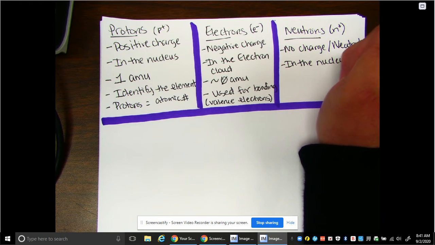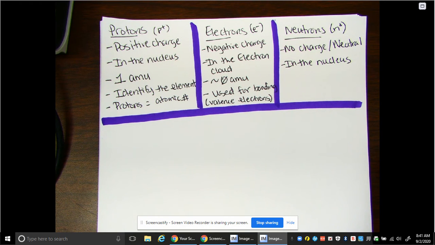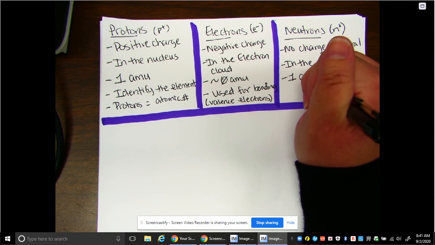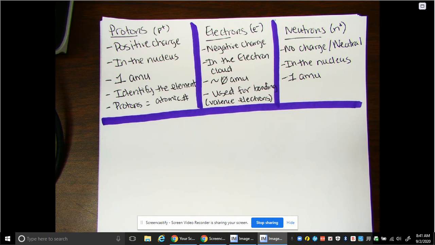And just like the protons, they have a mass of 1 AMU. So they're very massive, okay? 1 AMU, 1 atomic mass unit. For our purposes in 8th grade, that's all we need to know for the neutrons. In high school, you learn a little bit more about their function, but for 8th grade, we're going to focus on these 3 things. No charge, in the nucleus, 1 AMU.